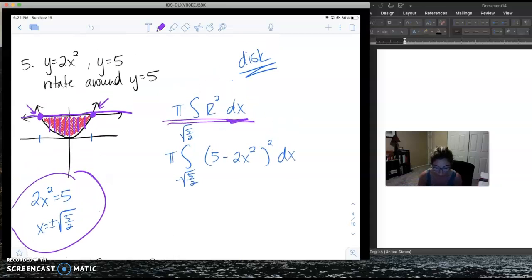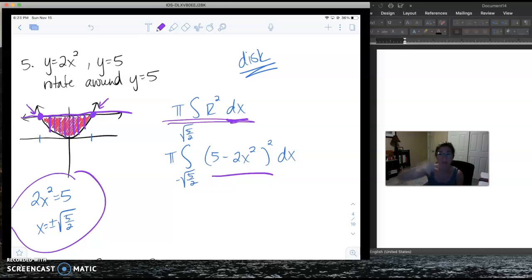And now I need my big R, my radius. Remember, your radius is how long or wide or big all of your little rectangles are, right? It looks like it changes, again, as you follow that curve. Because you're finding the distance in between those 2 curves, it's really a top minus bottom.